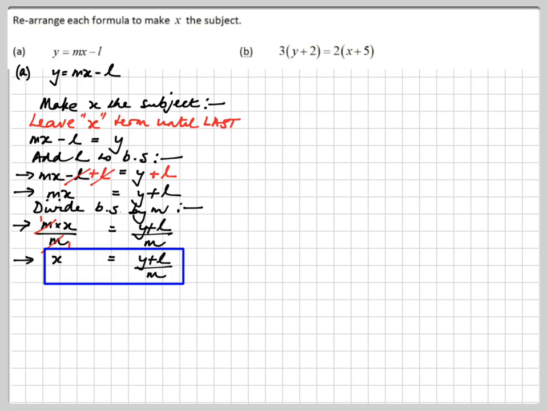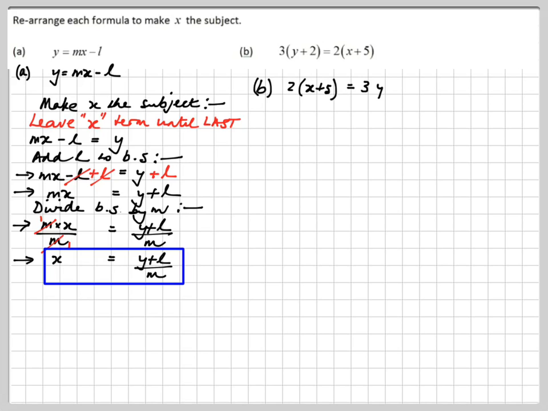Now, let's have a go at the next one, buoyed with the victory we've just had with the first one. Okay, now, have a good look at it. See if you can work out a bit of a strategy here. I think those brackets are a bit annoying, actually.